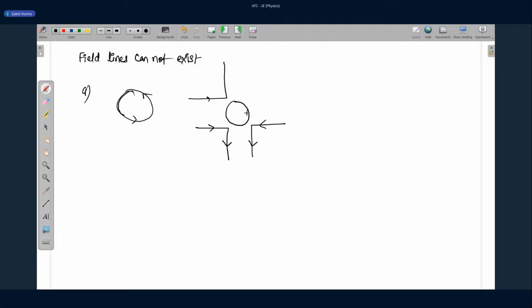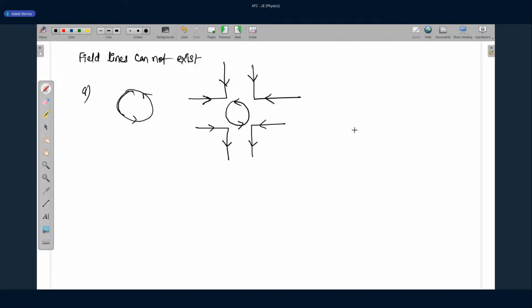Positive, then negative, it is showing the circular lines. So these types of fields will also not exist, cannot be circular.